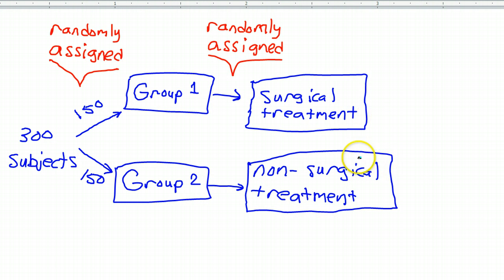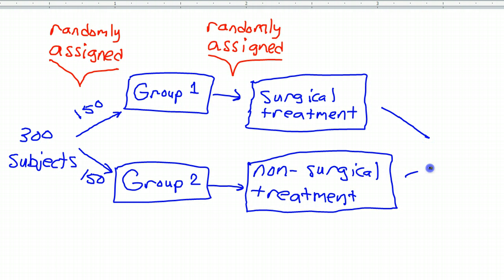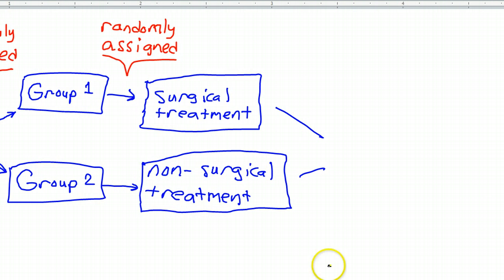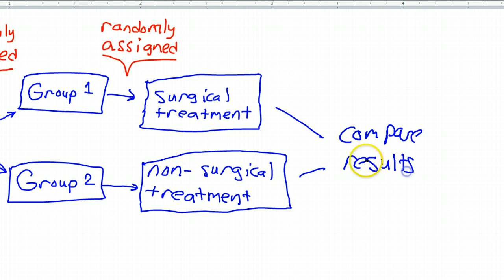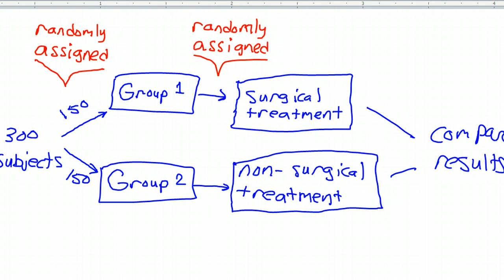All right, and then we're just going to compare the results. And that's it. That's how that would be a good design for this experiment.